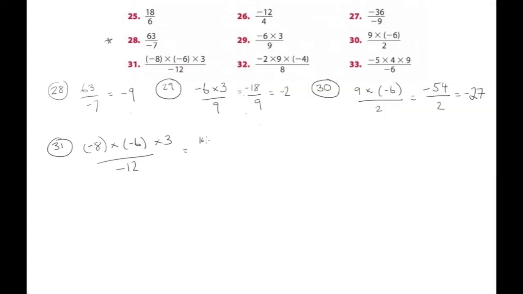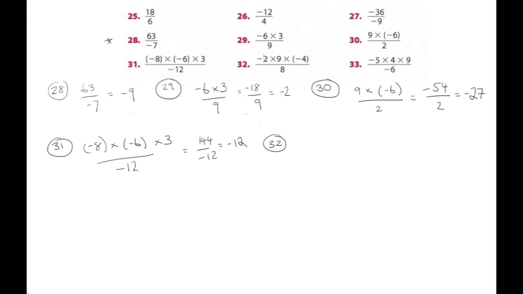So 144 divided by minus 12 is equal to minus 12. If you have a Casio scientific calculator, you would be able to put in 144 divided by minus 12, and it will give you the answer minus 12. The calculator on my laptop won't do it for me.